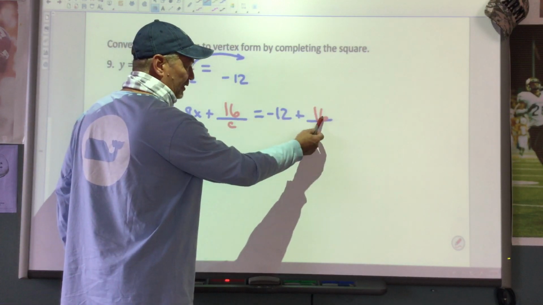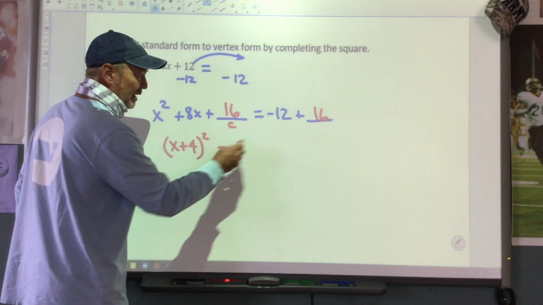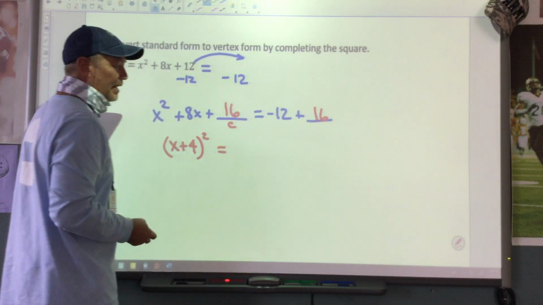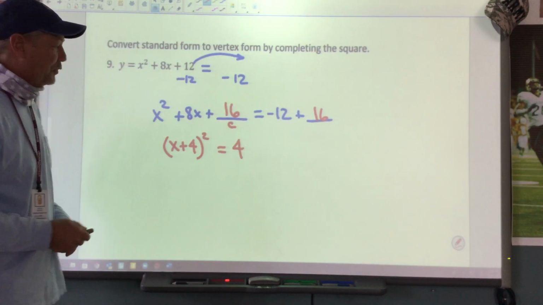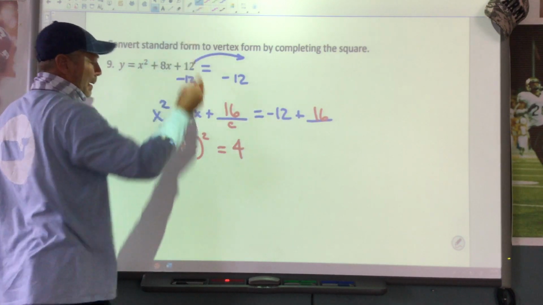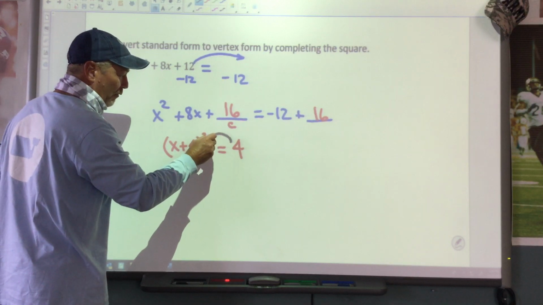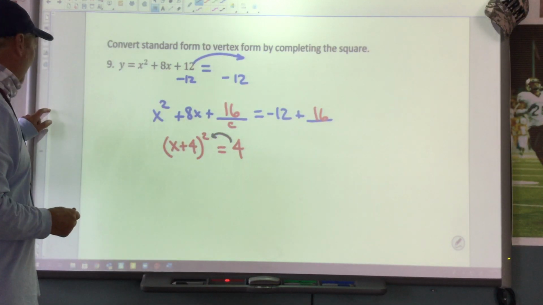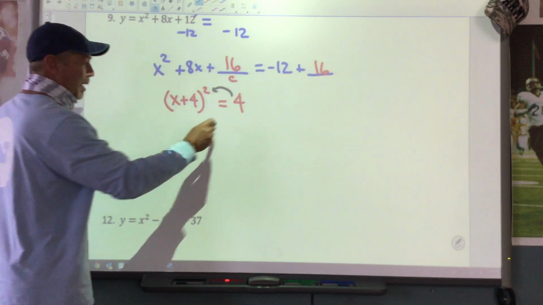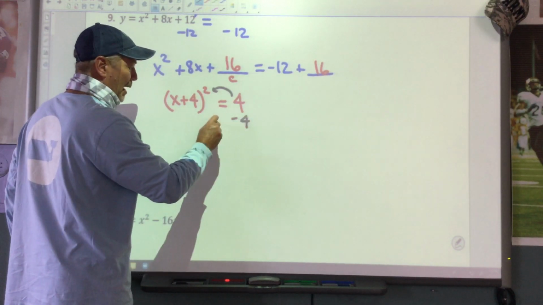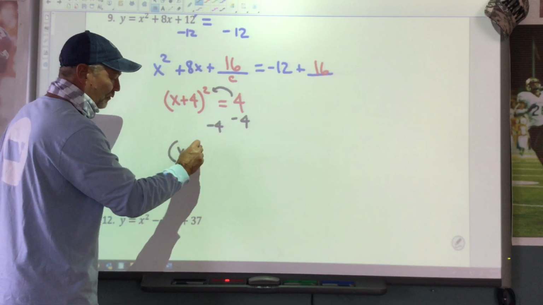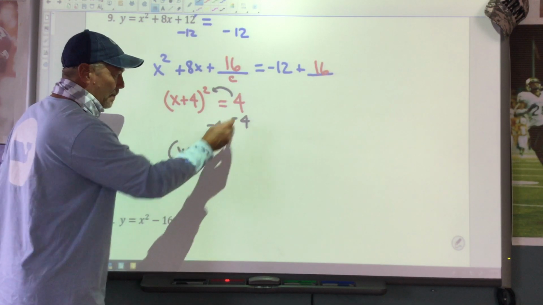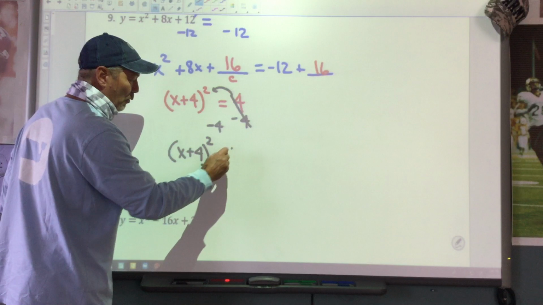Negative 12 plus 16 is 4. I'm going to ask you to bring that 4 back home, back over here. We're going to go minus 4, minus 4. I have x plus 4 squared minus 4.